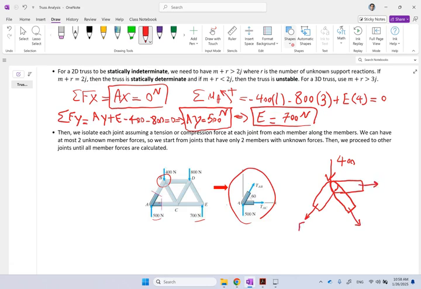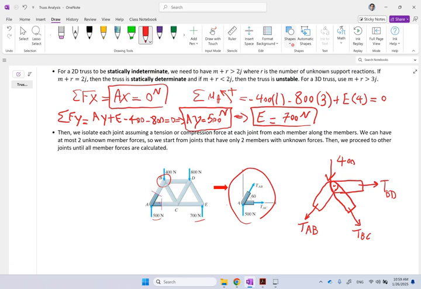If I call it F of, or T of, doesn't matter, let's just call it T to stay consistent. So if this is T of AB and this is T of BC, and this is tension in member BD, T of BD, you see, if I start with that first, I only have two equations but three unknowns, and that is not possible to go after.